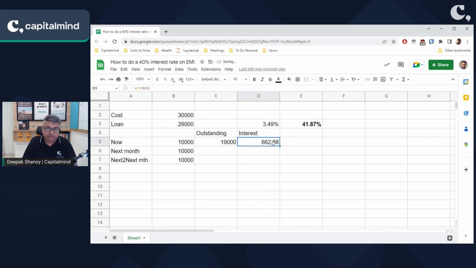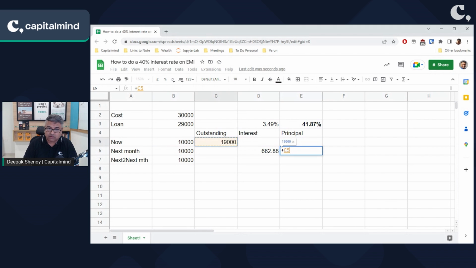So this is the amount you've paid. Now, how much is the principal you've paid? After you pay the 10,000, I'll put this here. So this is the amount outstanding. I have paid this much interest. The principal after I paid this 10,000 is 10,000 minus this.